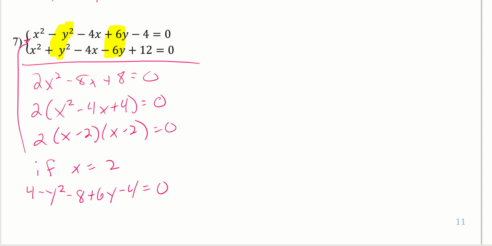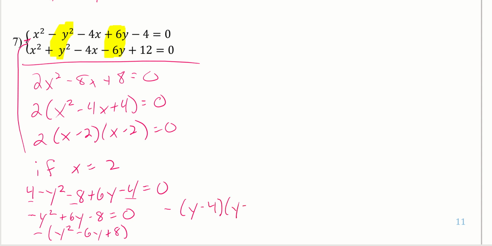Now I've got to clean this up, right? So negative y squared, my y's, I've got what, 6y, so plus 6y, and then 4 minus 8, so negative 4, negative 8 equals 0. I would take out a GCF and factor it, right? So if we factor it, we end up with y, what would that be, like a minus 4 minus 2 type of thing?